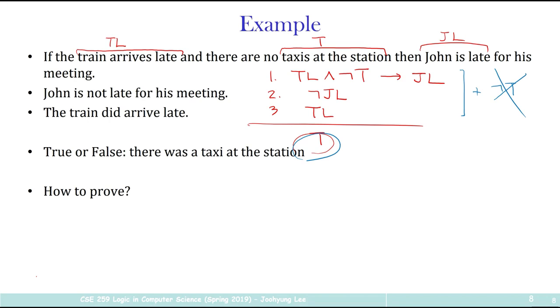That cannot be true. That's what you do in your reasoning. And what we are going to do in the proof of this theorem or this property is basically the same as what we do informally. We just try to make it more formal so that we can easily calculate this. Even computers can calculate this kind of reasoning.